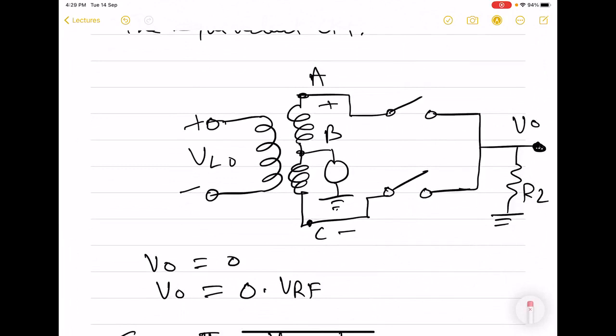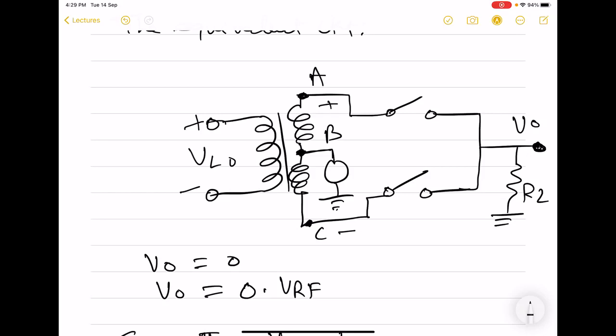Here we see that, because of the same reason, RF is actually connected at the center of the secondary. So in this case also, there will be no LO to RF because A and C are always of opposite polarity. So the center will always be grounded.